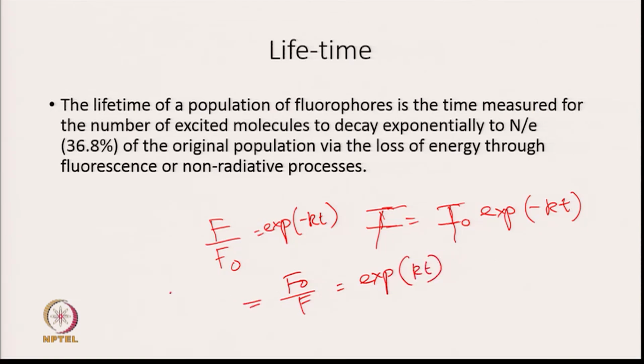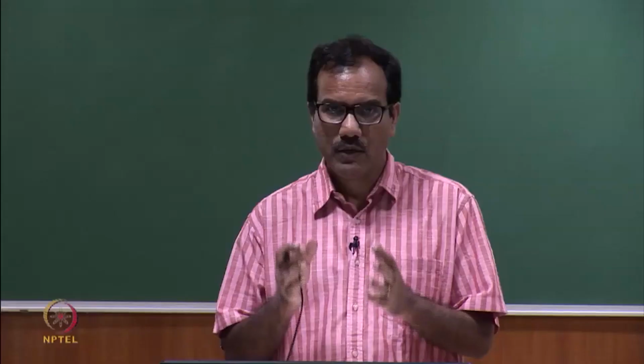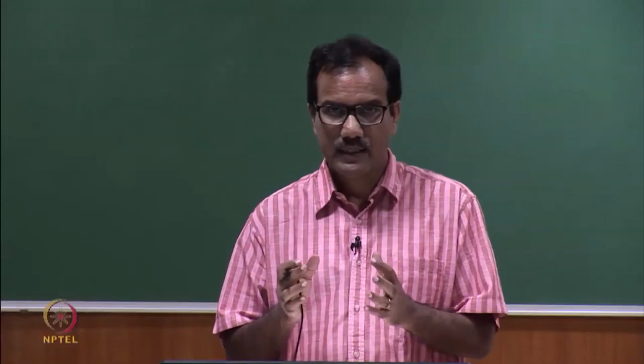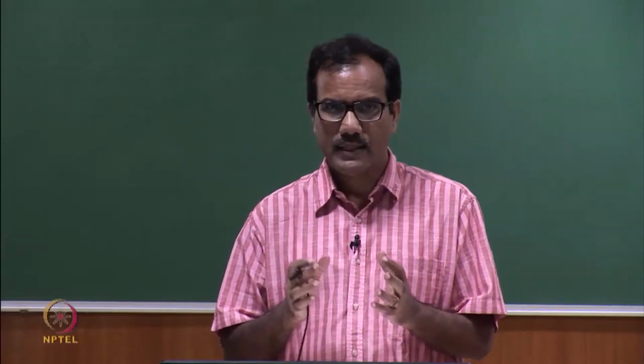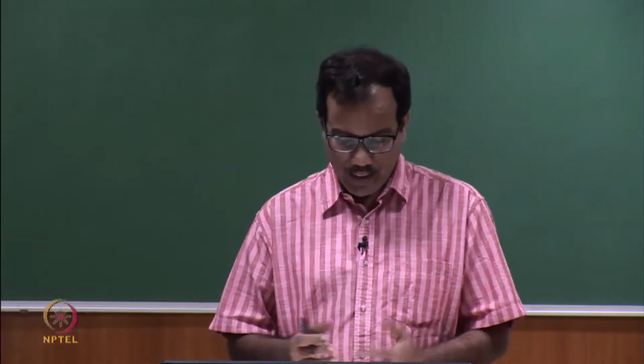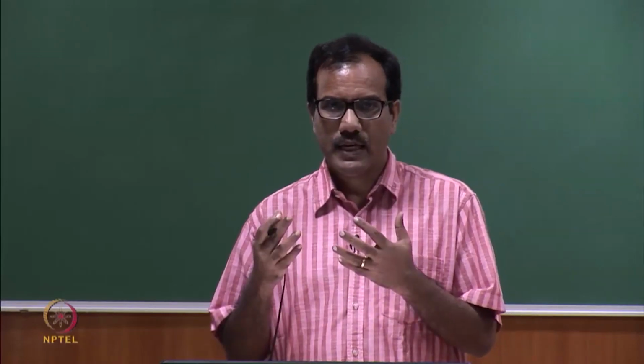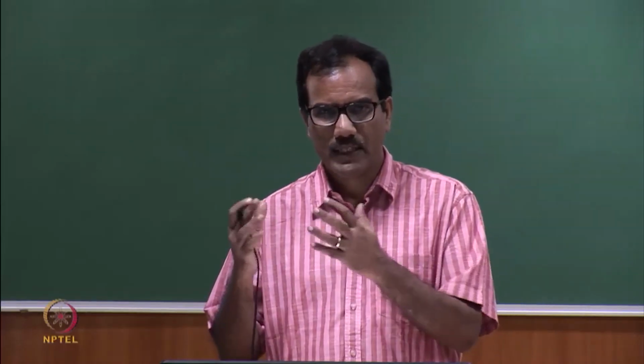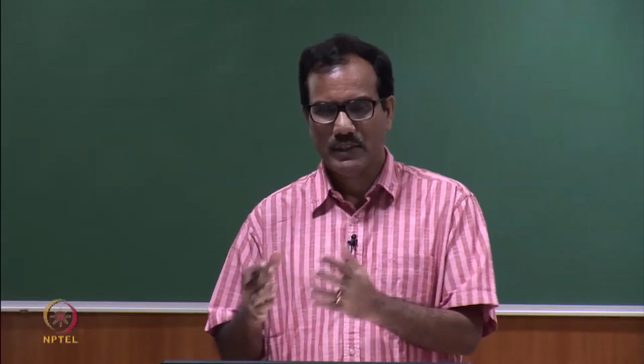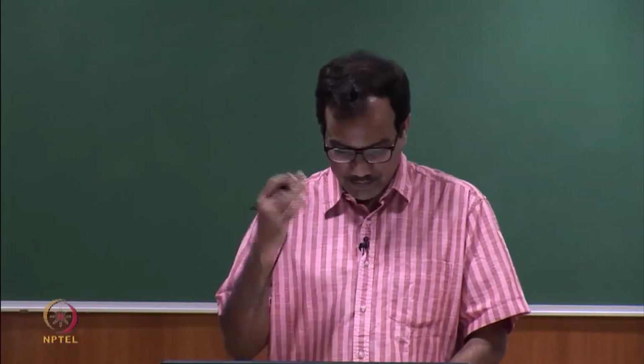and this is nothing but n star by n, where n star is the number of excited fluorophores at time t is equal to 0, whereas n is the number of fluorophores in the excited state at time t is equal to t.